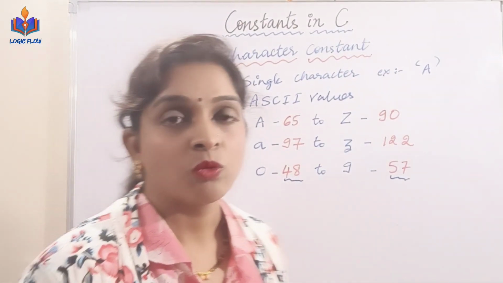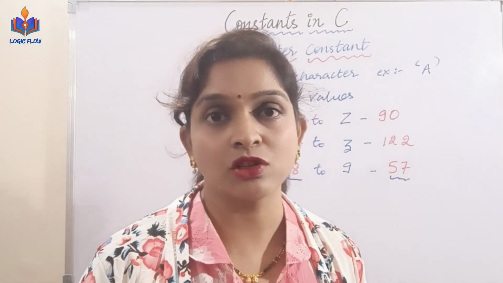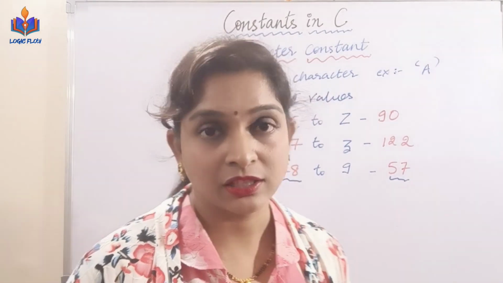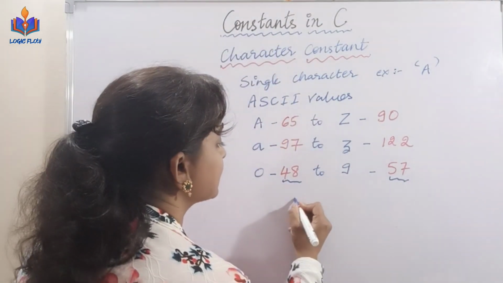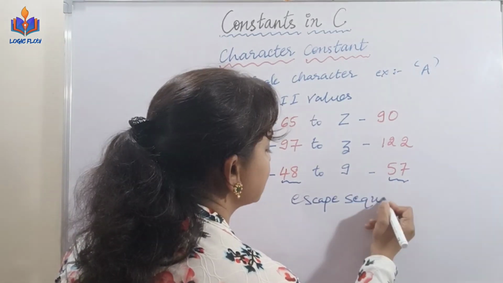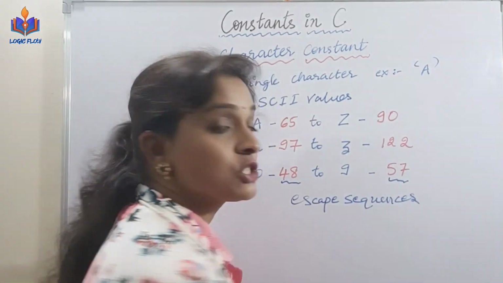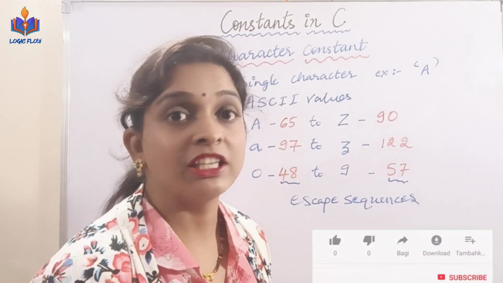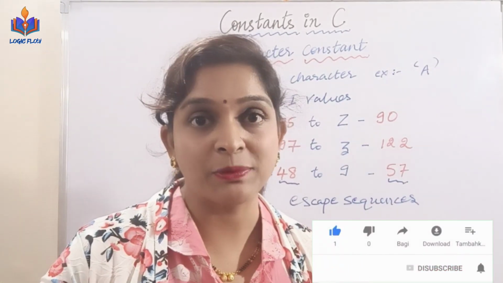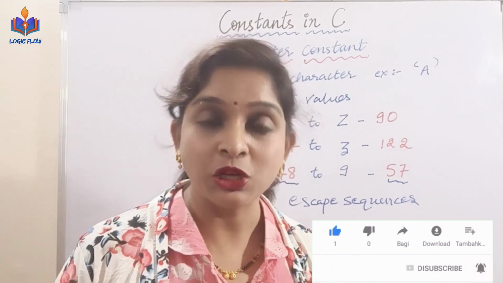Along with this, we also have some special character constants which are used to manipulate the output screen. We call them escape sequences. Say for example, I just want to display the data with some tab space, or the data has to come to the next line.